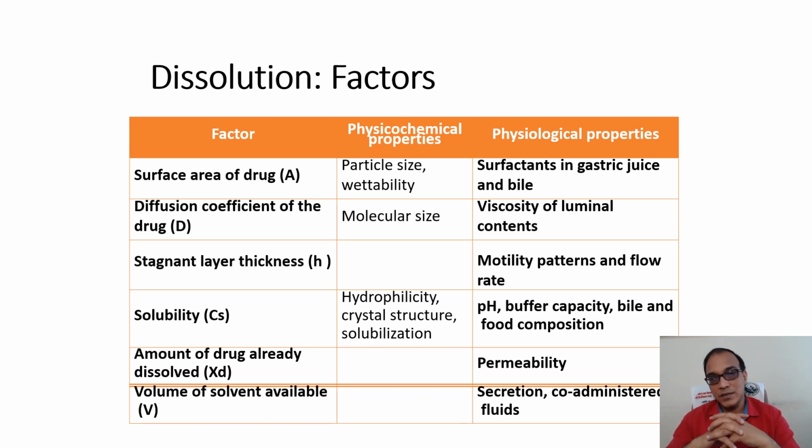Amount of drug already dissolved, Xd, is governed by the permeability factor, and the volume of solvent available, V, is basically affected by the physicochemical properties like secretion and co-administered fluids. So by these physicochemical and physiological factors, dissolution is governed.